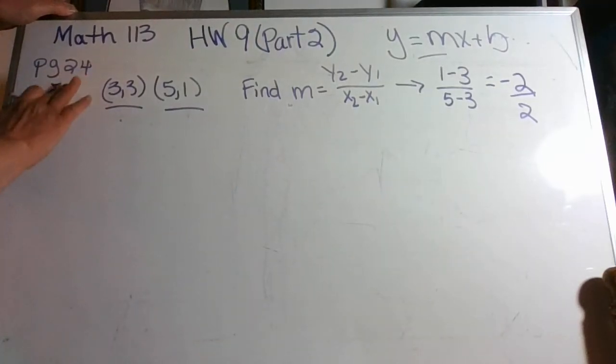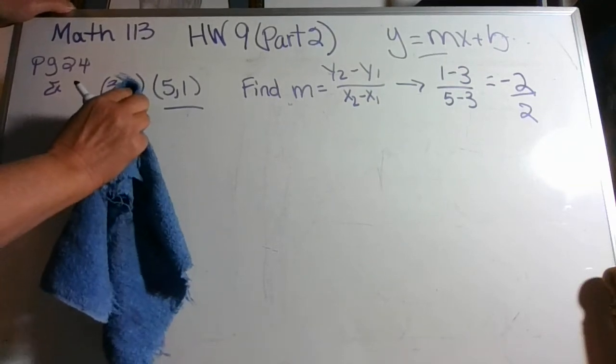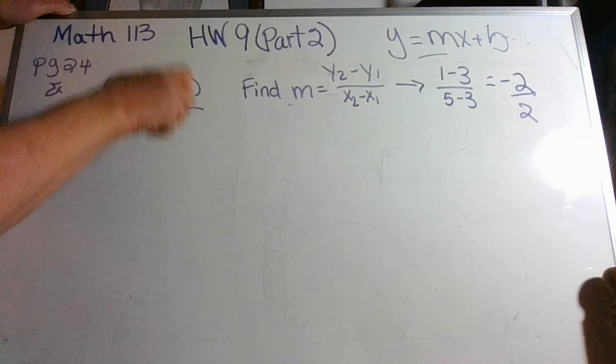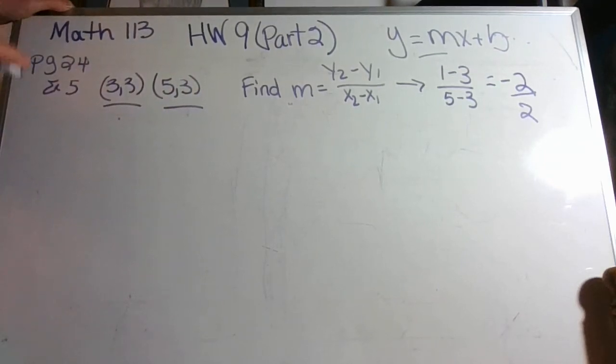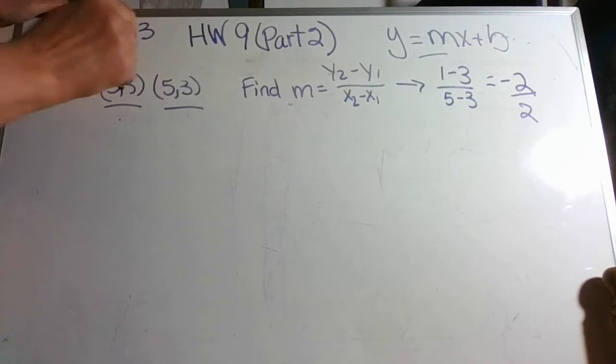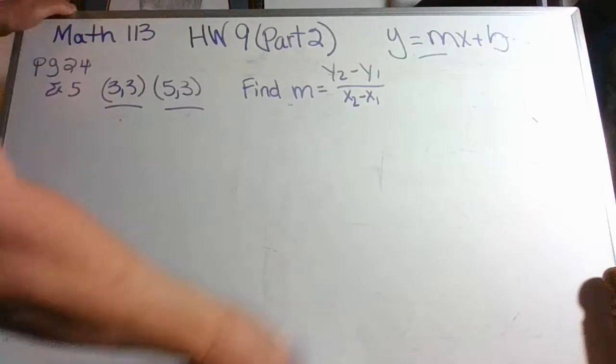So now we're ready for 5. And my points are (3, 3) and (5, 3). This is example 5 on page 24. So first thing I'm going to do is find my slope.